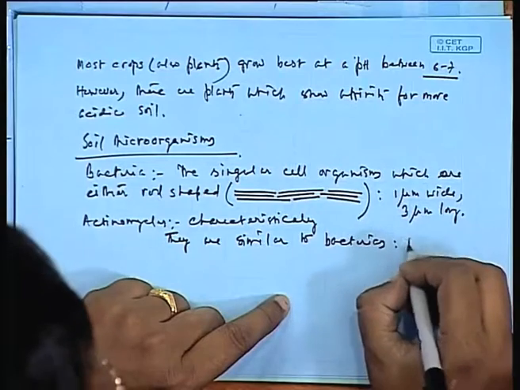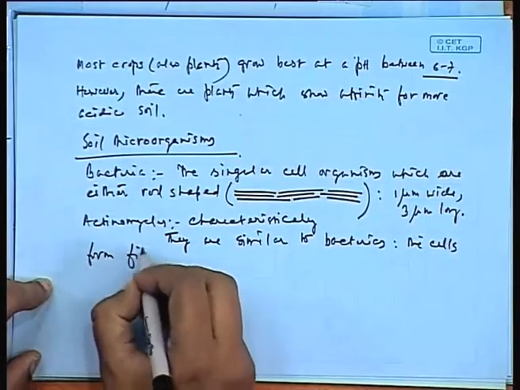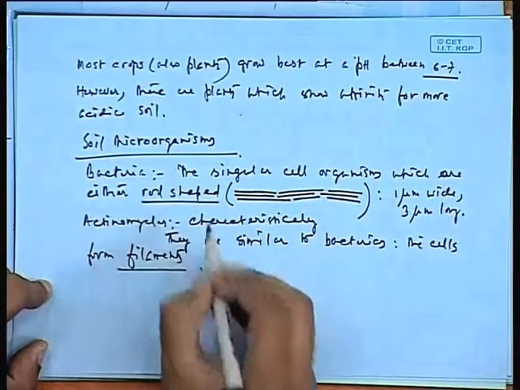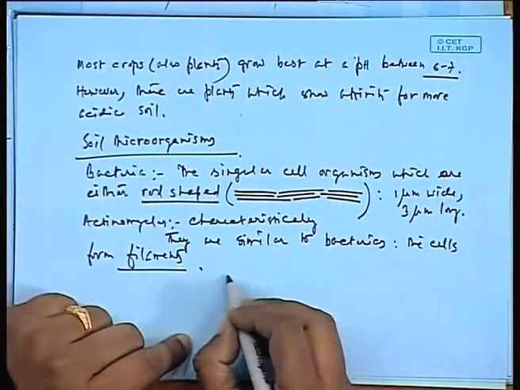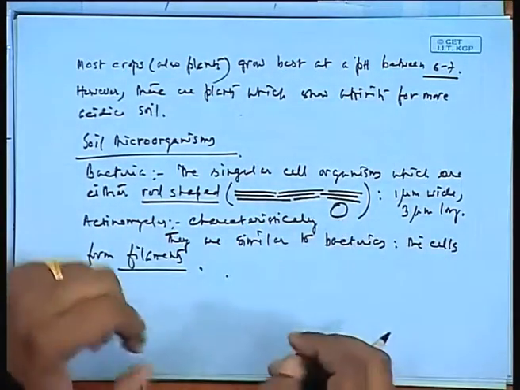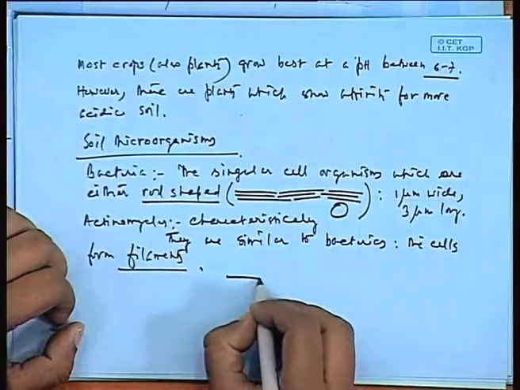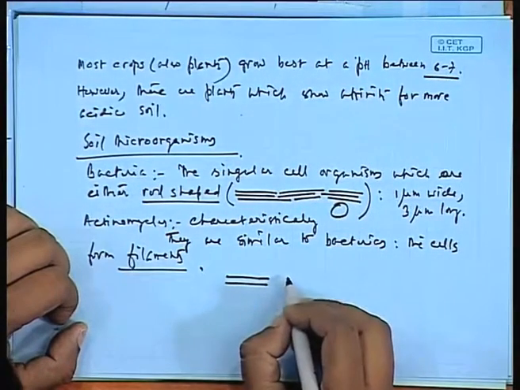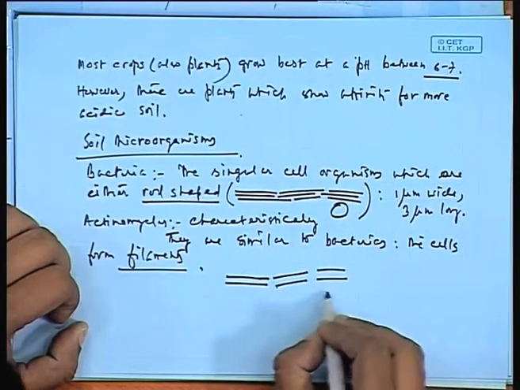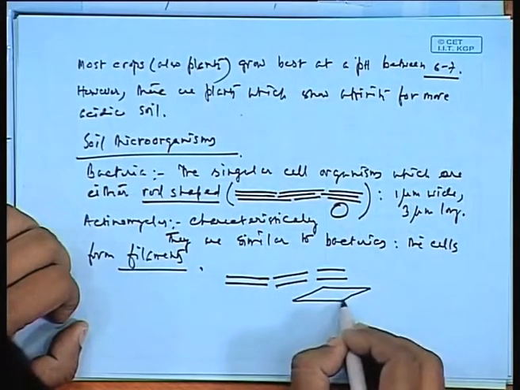The cells form filaments. Bacteria are rod shaped, a kind of cylindrical rod structure that you see, whereas this one would look like this. If you observe them, instead of a rod they would look like this. They would be more like filaments.